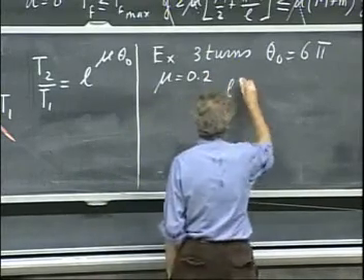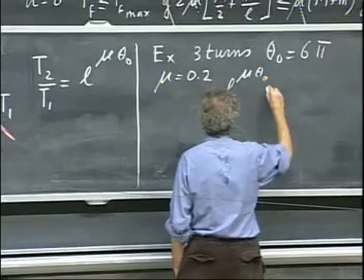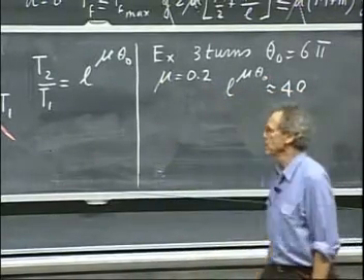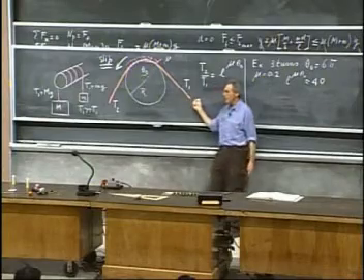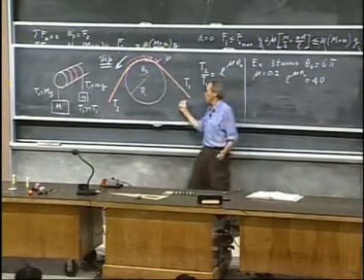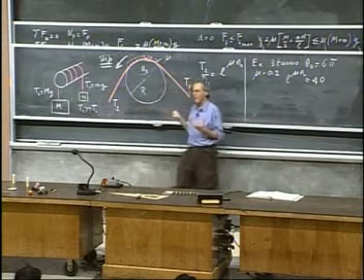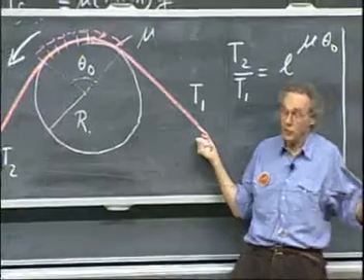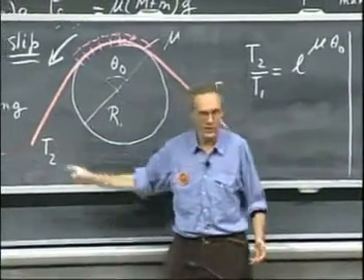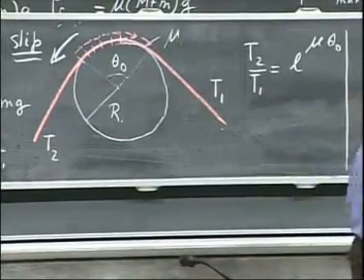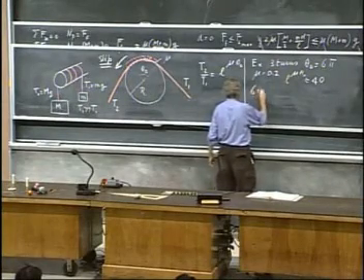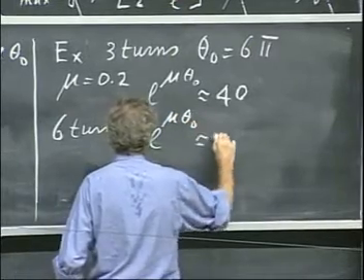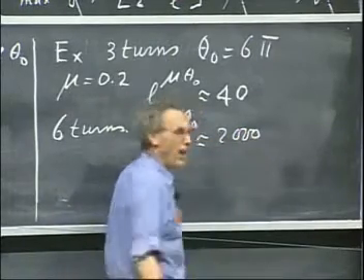So e to the power mu times theta 0 is now about 40. So what that means is that with a force on this side which is 40 times smaller than the force on that side, I have a balanced situation. I can hold this in my hand and counter, if you want to think of it that way, a force on this side which is 40 times larger. But if I take 6 turns, then e to the power mu theta 0 will be about 2,000.